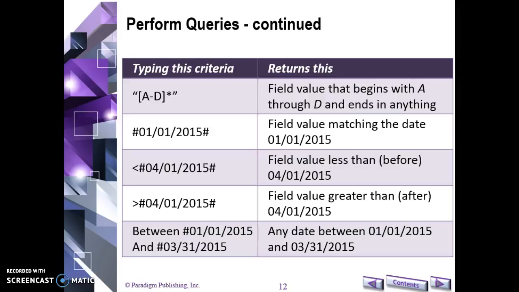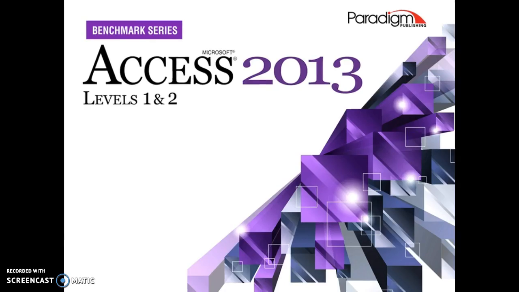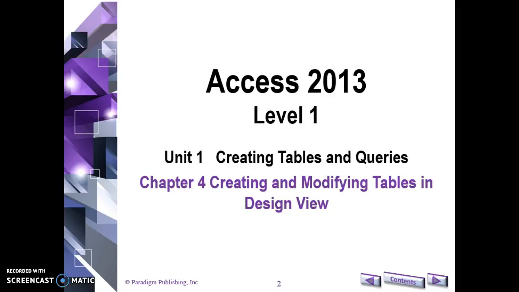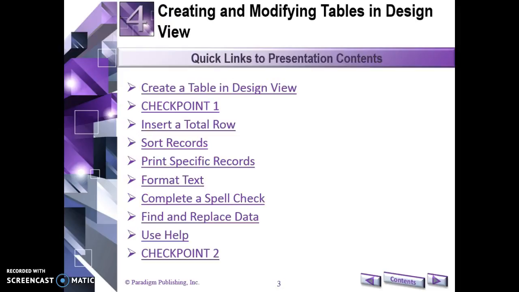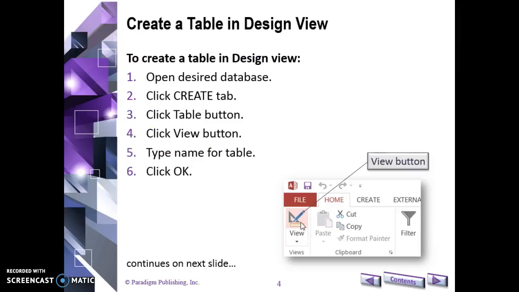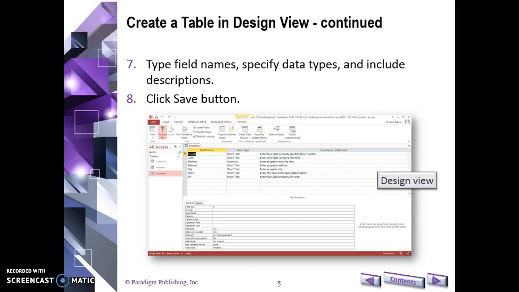The second chapter that you're going to be covering this week is chapter 4, and chapter 4 is all about creating and modifying tables. Again, you can't do any of this querying if you don't have information in tables. So this is going to help you create a table and make sure that you set it up with the information that you want.